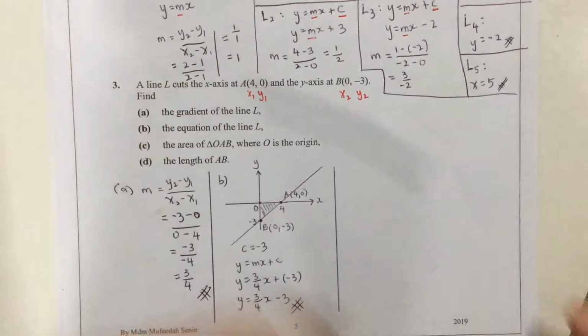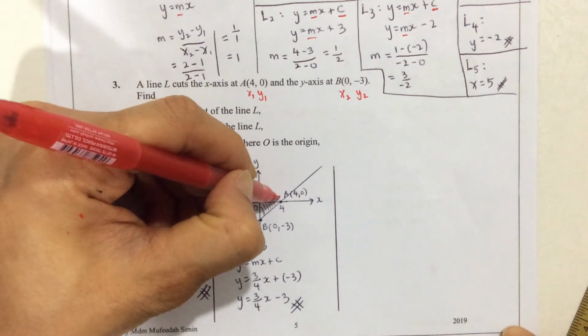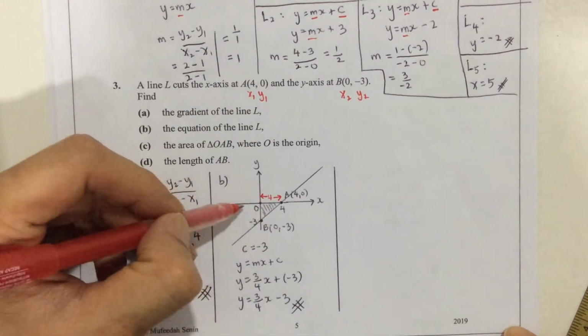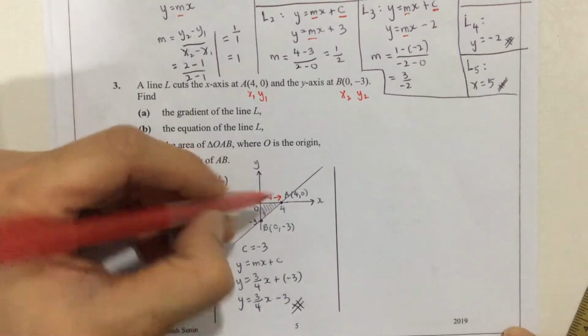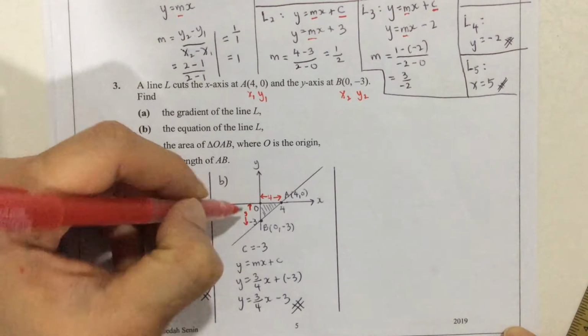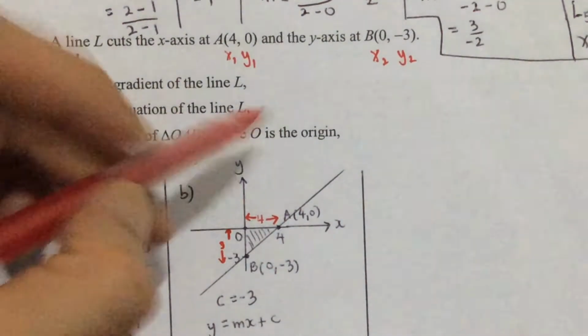So the value for the base here is 4, because from 0 to 4, and the height from 0 to -3, the length here, will be 3.